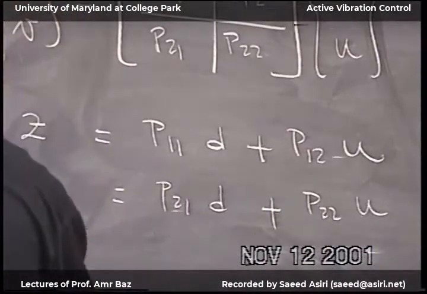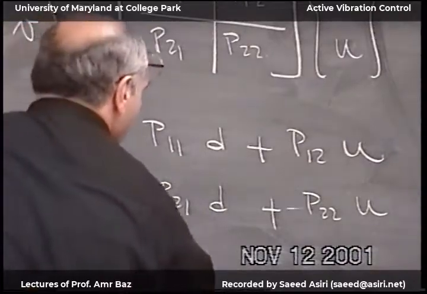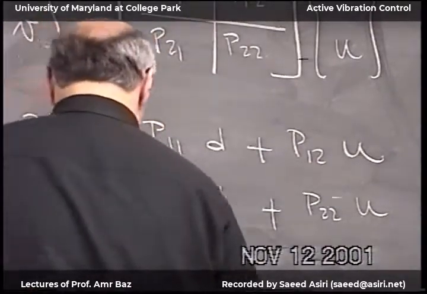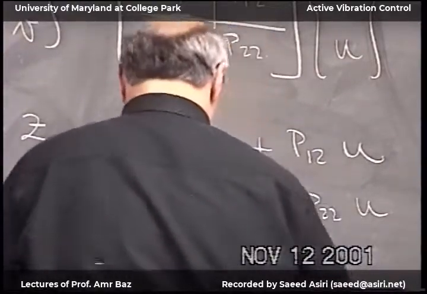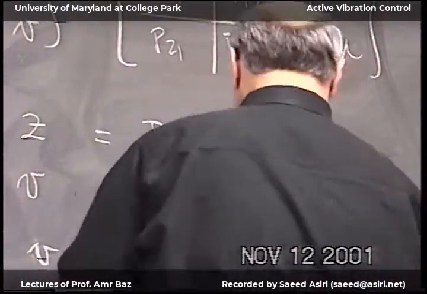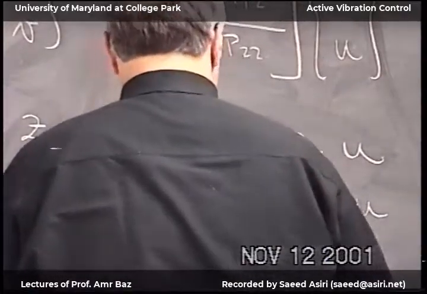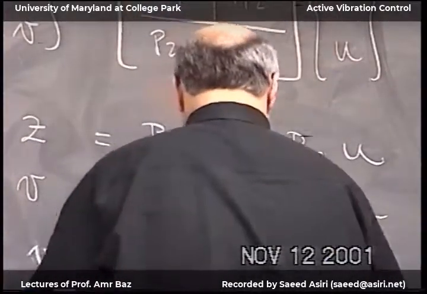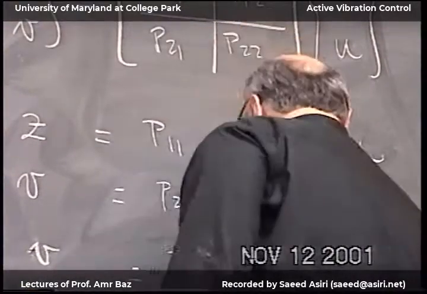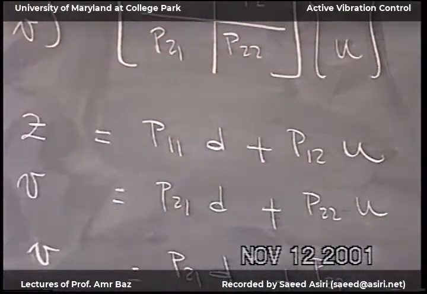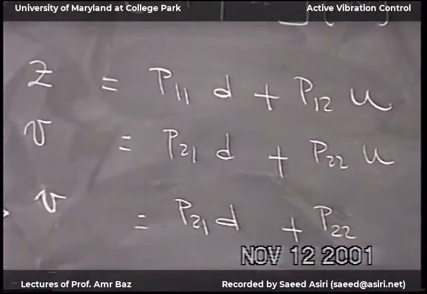Now I will rewrite the bottom equation. V is equal to P21 times D plus P22, and then I'll replace the U from here, which is equal to the V times the K.